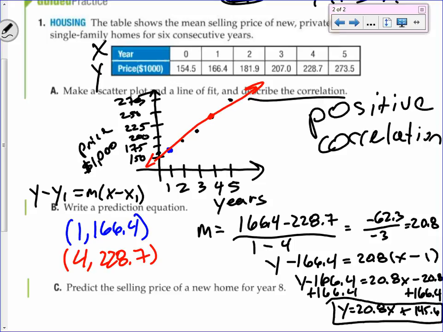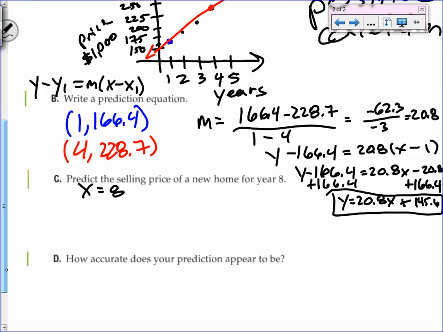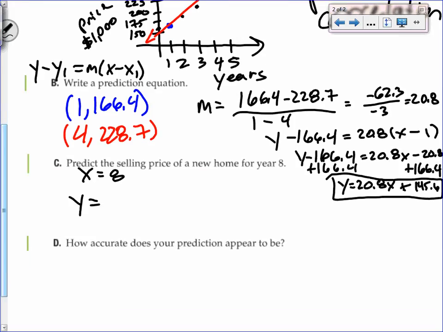And that is our prediction equation. Predict the selling price of a new home for year 8. So here we want to plug in the year as our x value. So x equals 8. We're substituting in here. Y equals 20.8 times 8 plus 145.6.